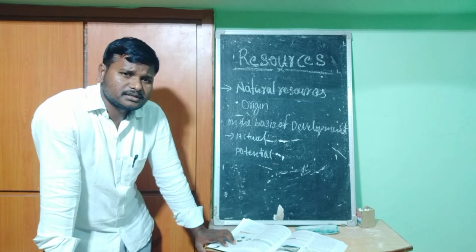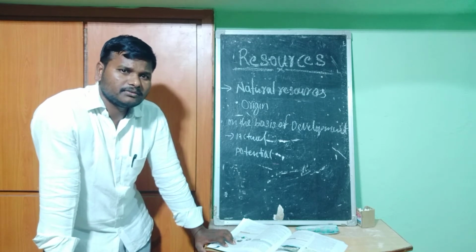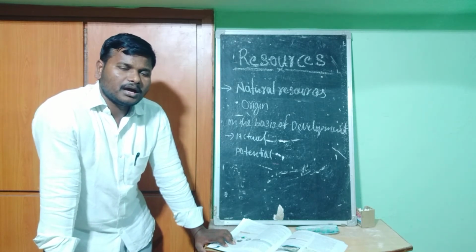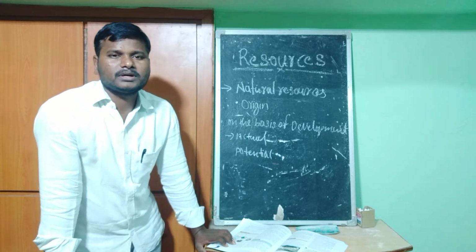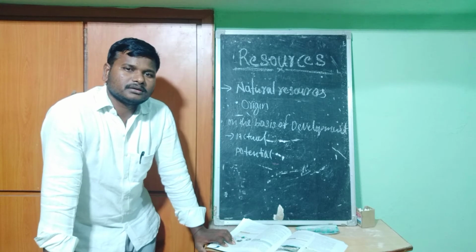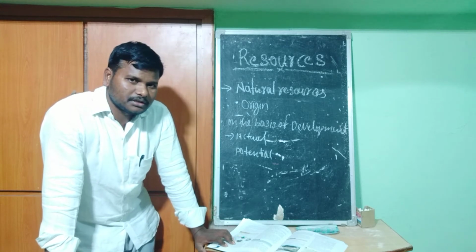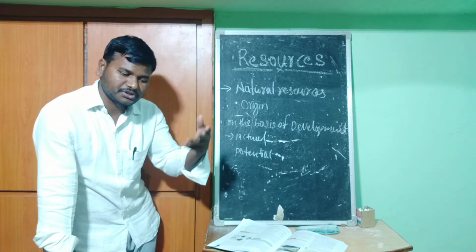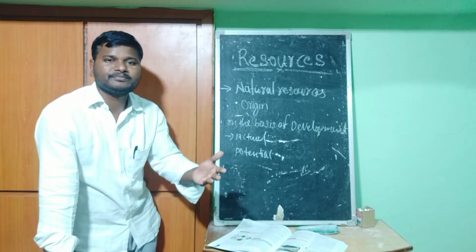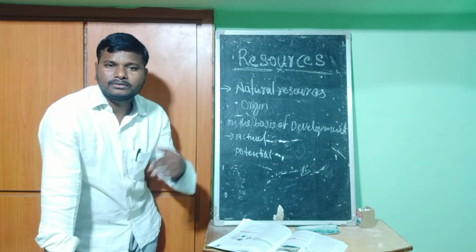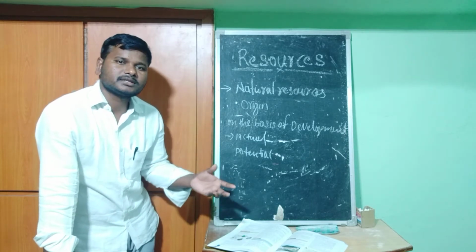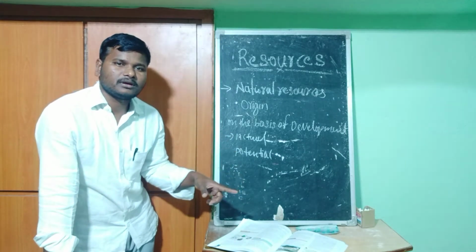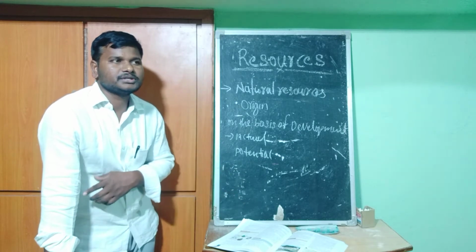That already exists in the land, so we can call that developed or actual resources. Also in the African countries we can find many gold mines, and that gold is already deposited there. Deposited means it exists, it is being used, and we already know its quality and quantity. So this we can take as an example of actual or developed resources.